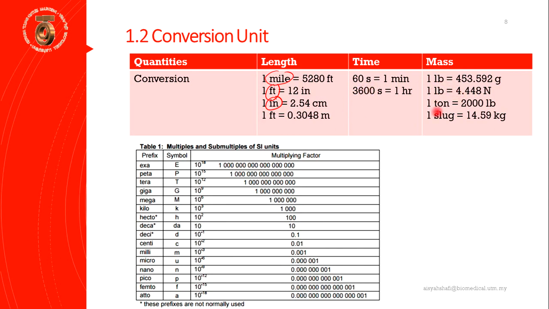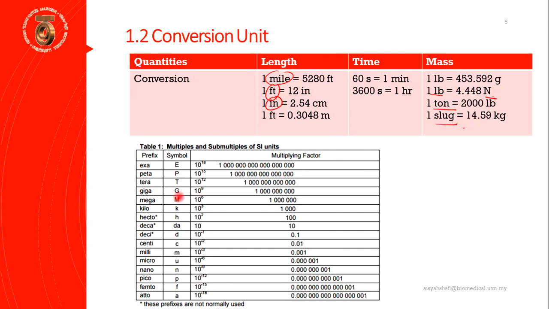For the mass, 1 pound is equal to 400 something gram, and you can also convert pound to newton, tons and also slug.